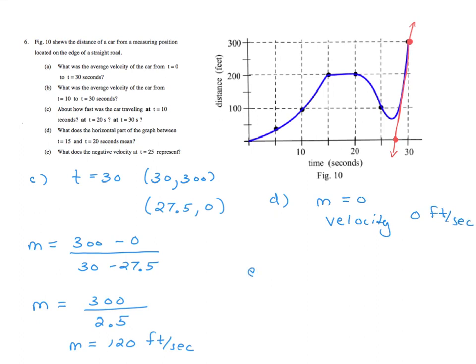And lastly, part E asks, what does the negative velocity at t equals 25 seconds represent? Which is right here. So negative velocity, what does that mean? If you draw a tangent line, we're not looking for an approximate value. I don't care what the number is.